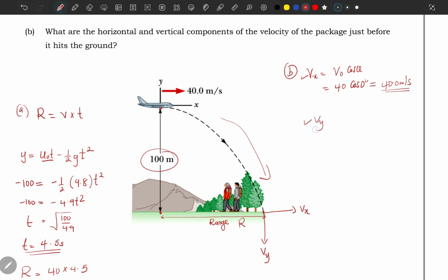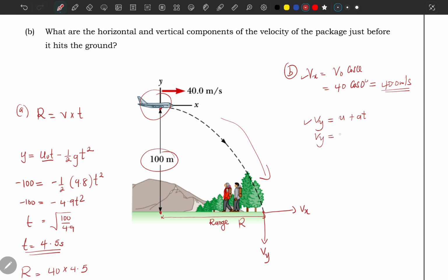But for the y, we need to be very careful, because now the object being dropped is falling under the influence of gravity. Remember, v is u plus at. You remember this equation, right? Now let's take it into sine, since in the y we deal with sine theta.